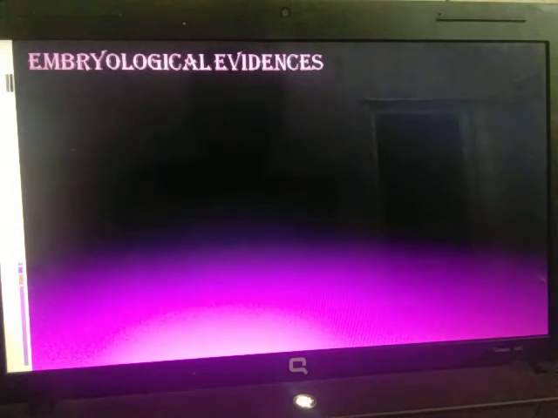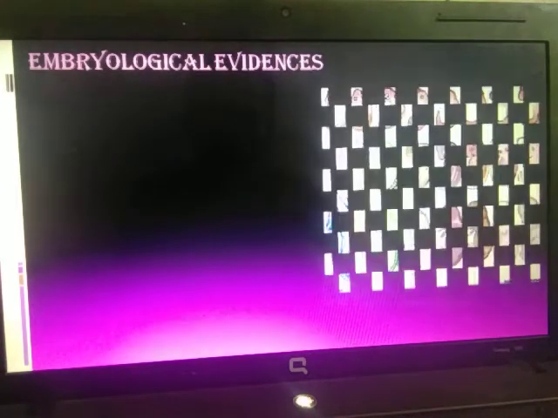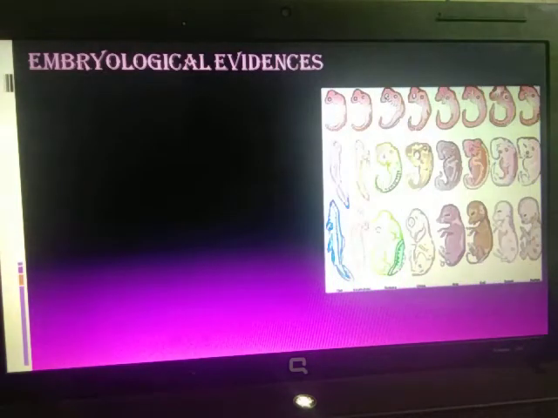Now what is embryology? The study of the development of the embryo before it is born into the outside world is called embryological study. Now, how can embryological evidence be an evidence for evolution? Here I have placed a picture which is there in your textbook also.